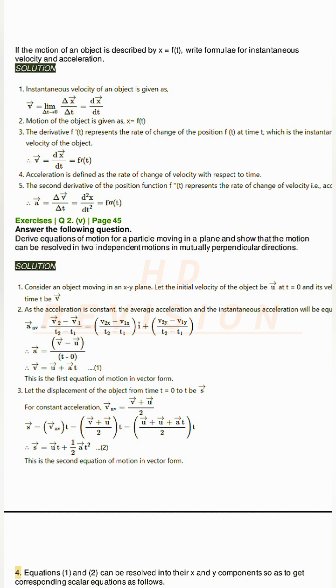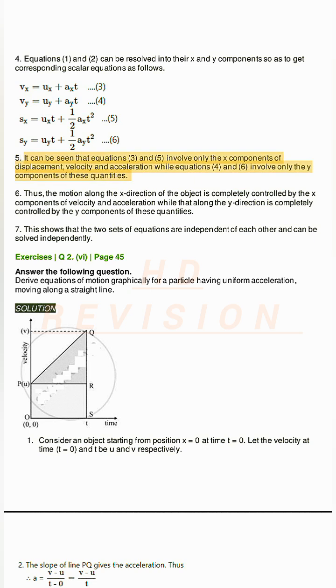Solution. 4. Equations 1 and 2 can be resolved into their x and y components so as to get corresponding scalar equations as follows. 5. It can be seen that equations 3 and 5 involve only the x components of displacement, velocity and acceleration, while equations 4 and 6 involve only the y components of these quantities. 6.